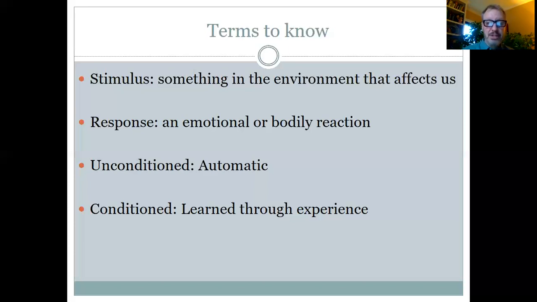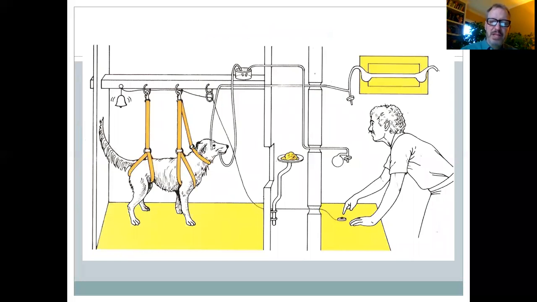Conditioned is applied when you acquire an association through experience, or you pick up a learned reaction through repeated exposure to a pairing of two stimuli. I'd like you to watch the videos on Pavlov's dogs. I think they explain those terms for that study pretty well.